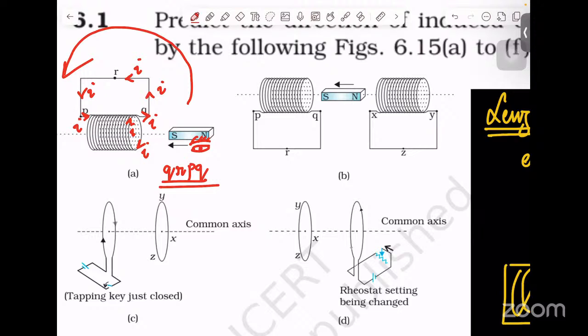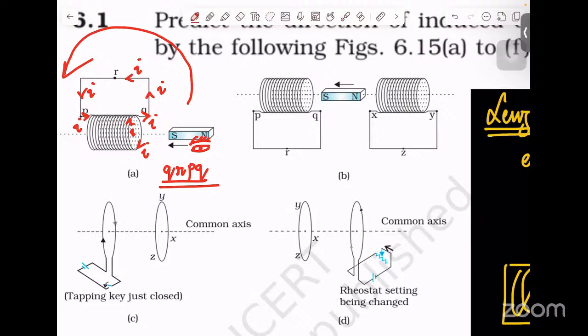Now, in the second case, we have two coils. So let's first consider the first coil. Here, the south pole is being brought to the coil, this left side coil. So this face, which is facing the south pole, should behave as the south pole. In other words, it should repel this south pole, right?